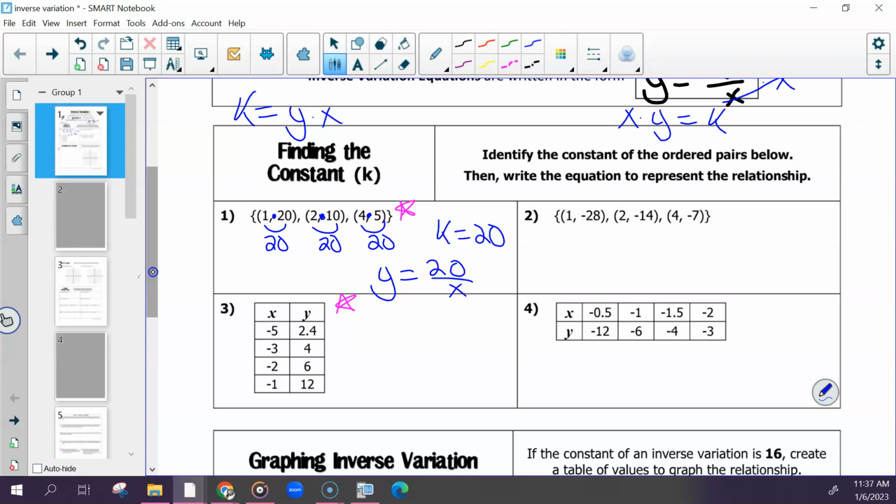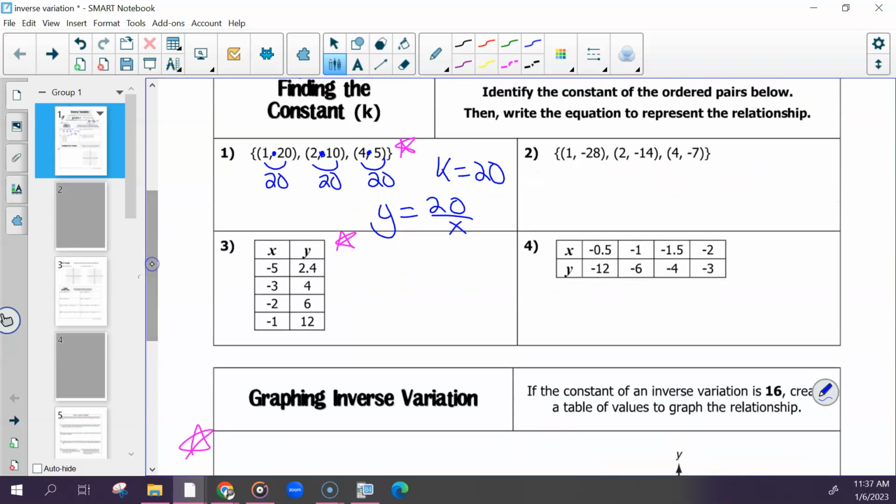This works the same way in ordered pairs and in the table. So if we were looking at number 3 and we were multiplying our x's and y's together, someone multiply negative 5 and 2.4, tell me what you get. Negative 12.